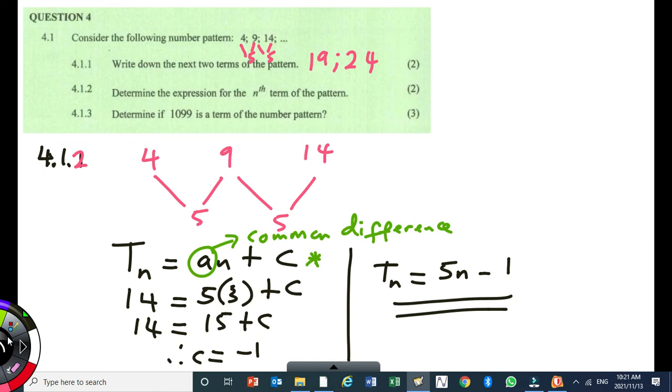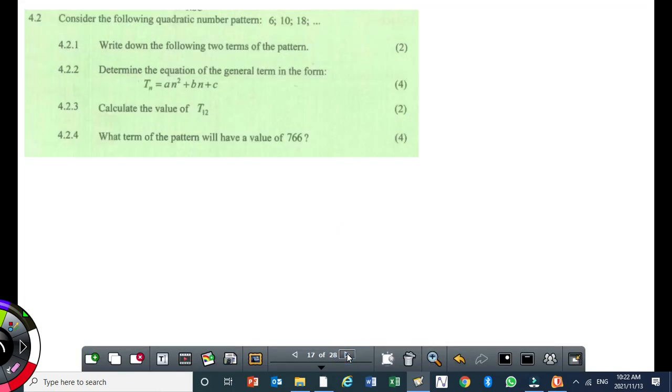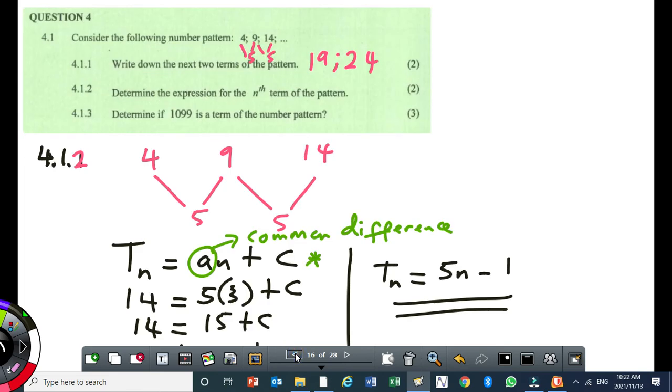If 1099 is part of that linear pattern, n must be an integer. If n is not an integer, it means 1099 is not a term in the linear pattern. Let me do that on the next page.